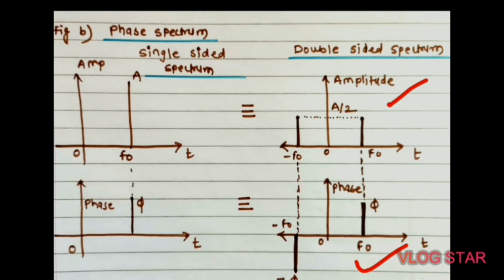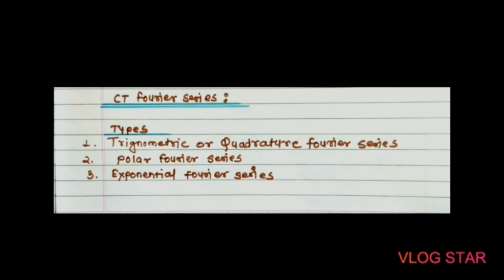Okay, so here friends, after that we will discuss the continuous time Fourier series. First of all we must know why there is a need to use it, the necessity of continuous time Fourier series. Sine waves and cosine waves are the basic building functions for any periodic signal.